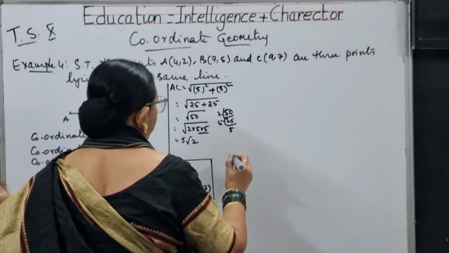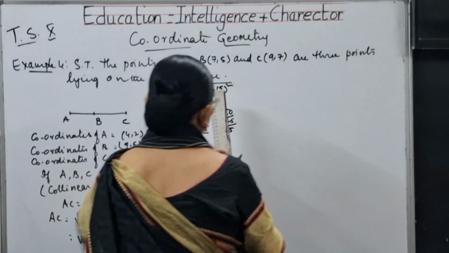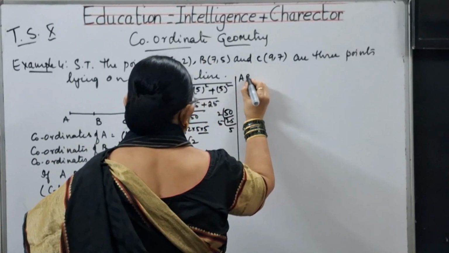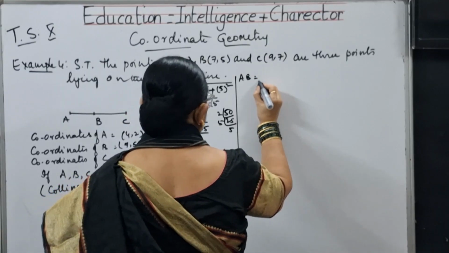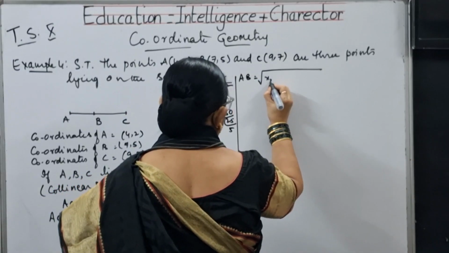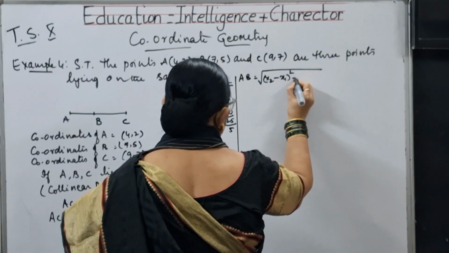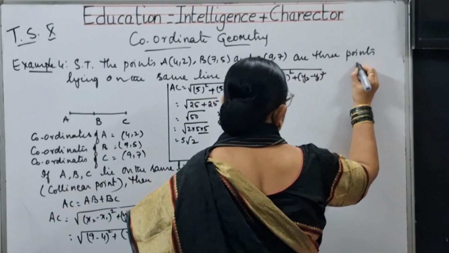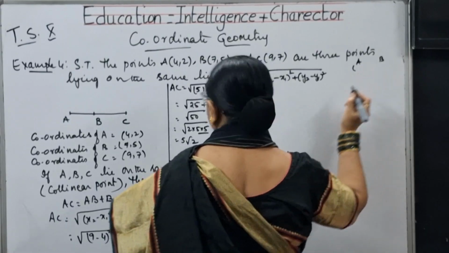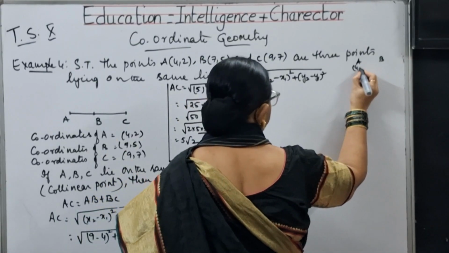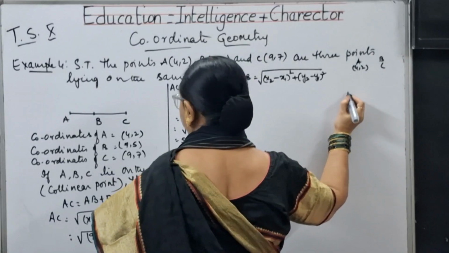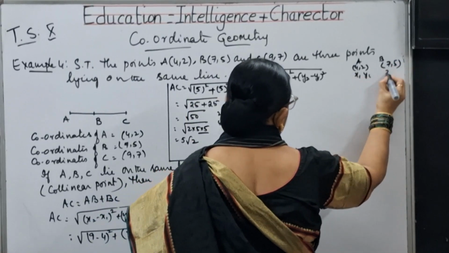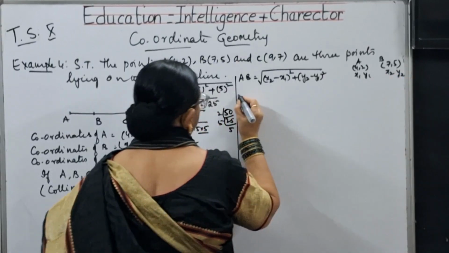So what is AB, children? AB is again root of (x2 minus x1) whole square plus (y2 minus y1) whole square. Coordinates of A you have got 4 comma 2, coordinates of B you have got 7 comma 5. So this is x1, y1, x2, y2.